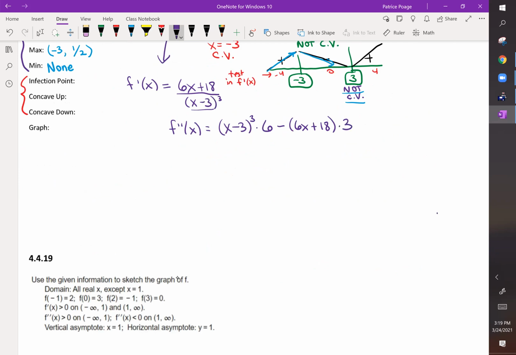Derivative is going to be 3 junk to the second power, copy the junk, times the derivative of the junk, which would be times 1, over the square of what's below. But what's below is currently to the third power. So if I square a third power, power to a power you multiply, so that would be 6.